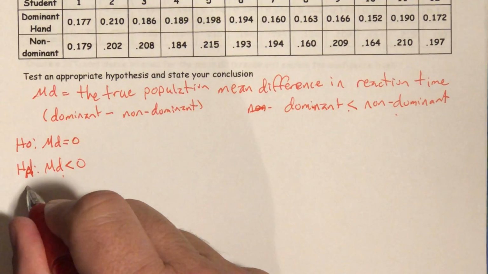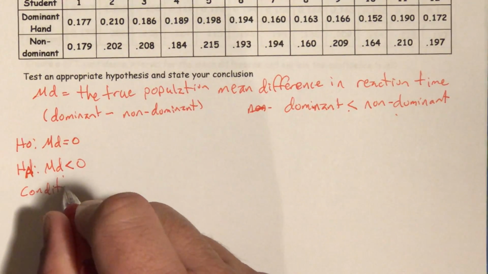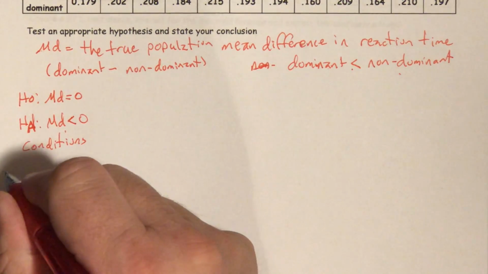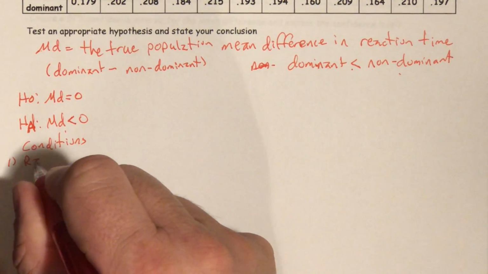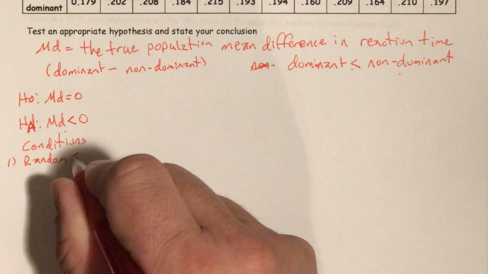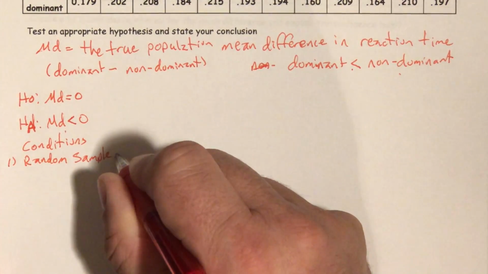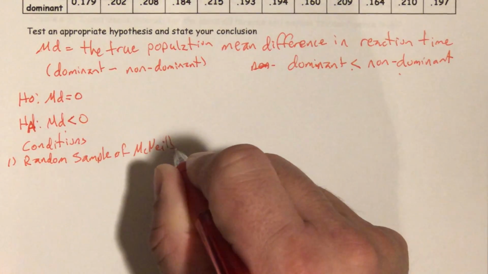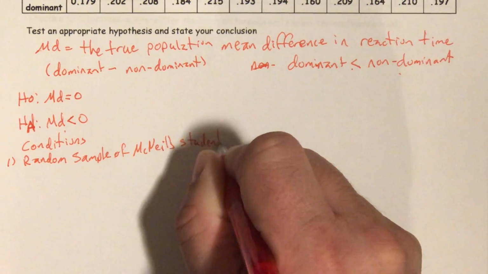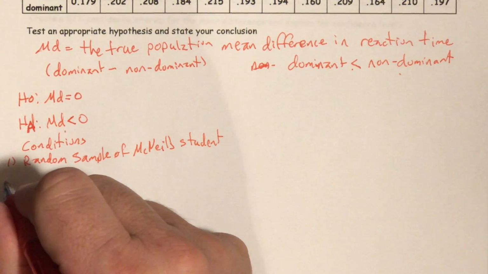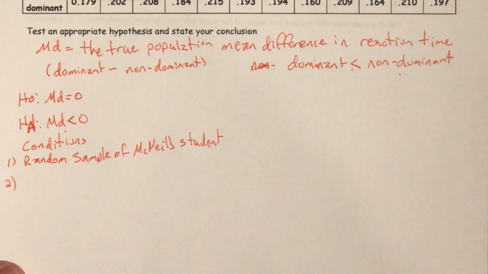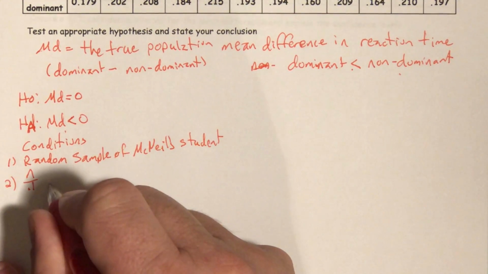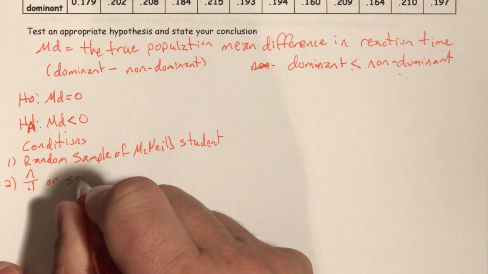Then we have our conditions. We have a random sample as our first condition. This is just a random sample of McNeil's students. Then the next thing is whether the sample is less than 10%. So n is less than N divided by 0.1.